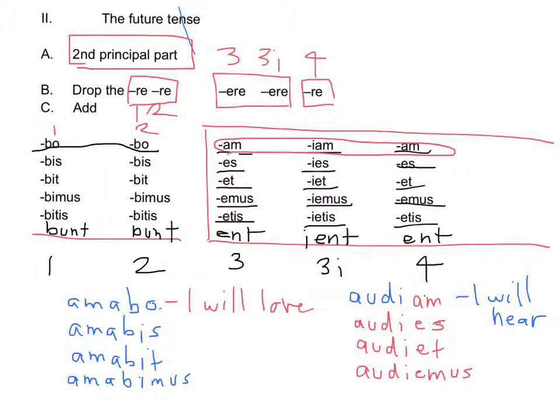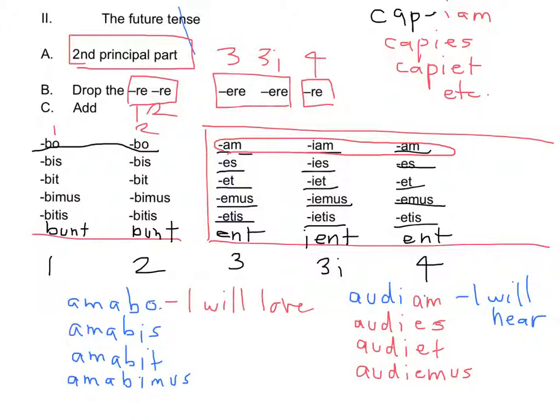The same thing would be for any of those other conjugations. If you look up top here, I could do capio. That's the second principal part, capere. Drop the ERE, just have cap. And then you would add the appropriate endings: IAM, IES, IET, etc. I will capture, you will capture, he, she, or it will capture.